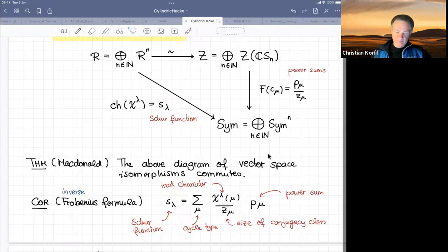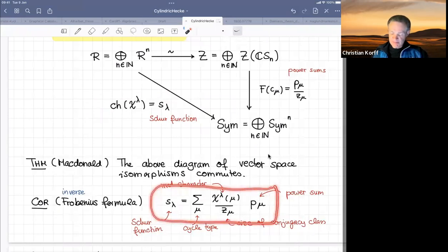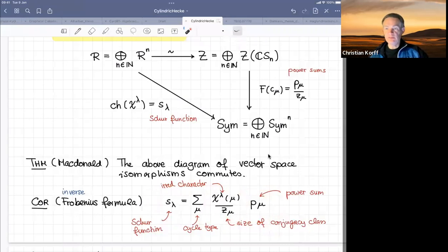So what we are getting is this inverse Frobenius formula, which expresses the Schur functions in terms of power sums, and the basis transformation is given by the character table of the symmetric groups. That's basically what this commuting diagram tells you.